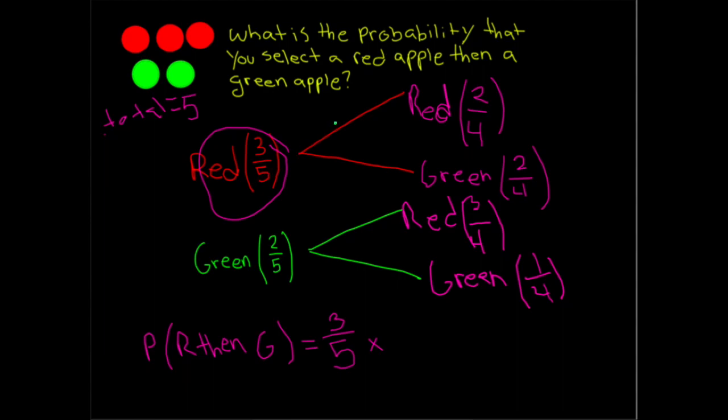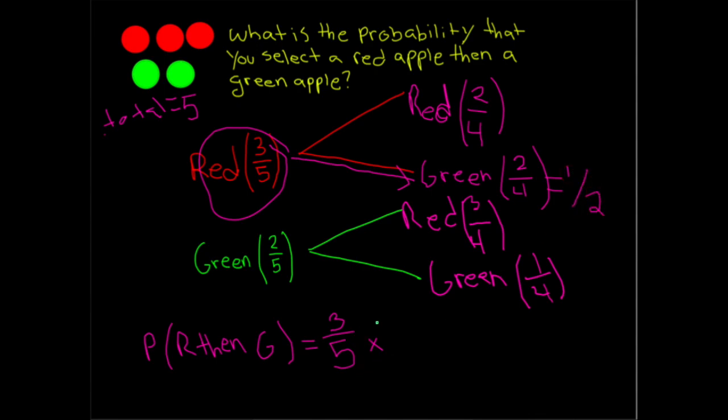Well, if we are then getting green, we want to start from when we started with red and then get green. We want to look at this probability, which is 2/4, or 2/4 is equivalent to 1/2, right?